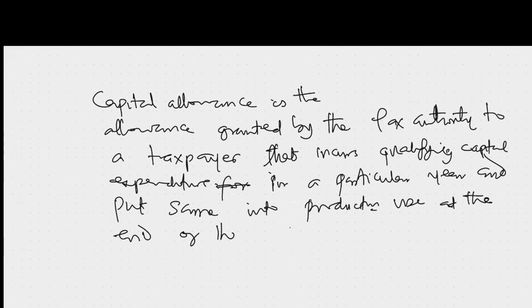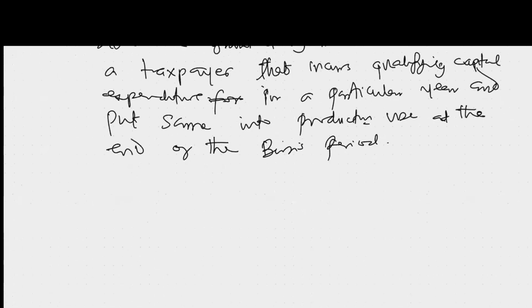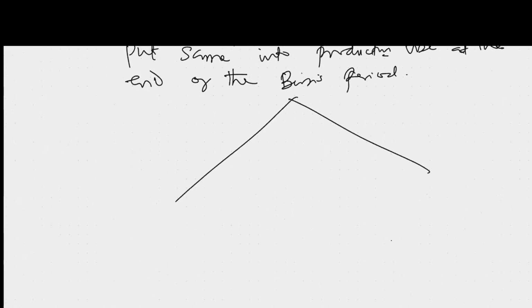So we discussed that. In my last class, we spoke about the conditions for capital allowance. I said ownership must not be in doubt. I said the asset must be used for the purpose of generating taxable income. I said application is required.